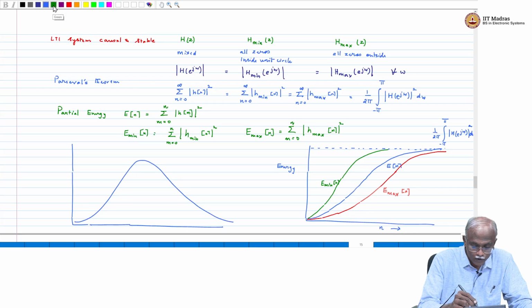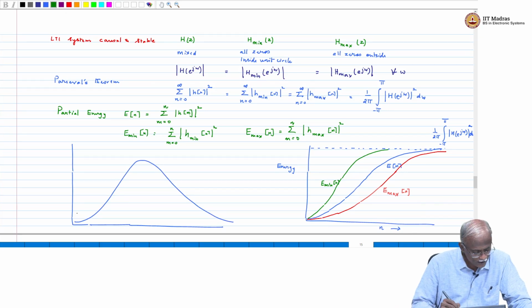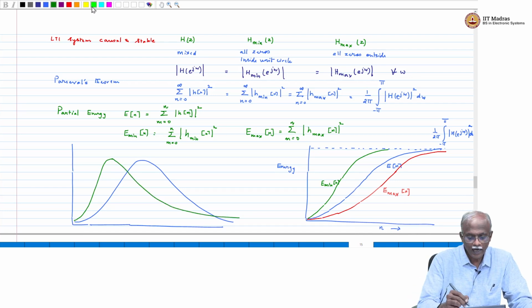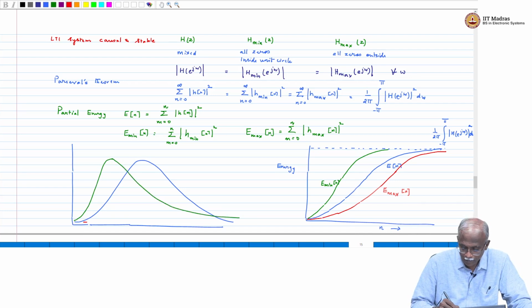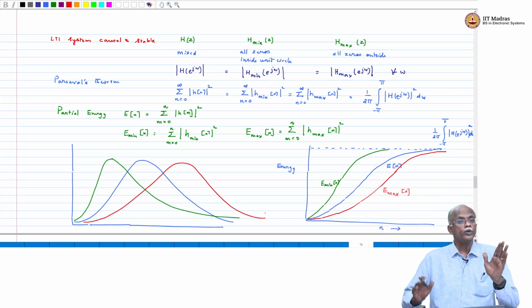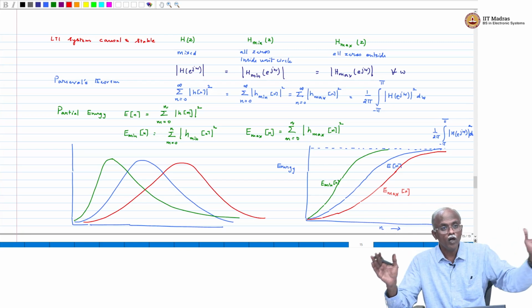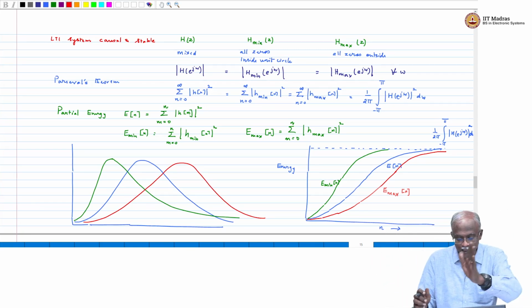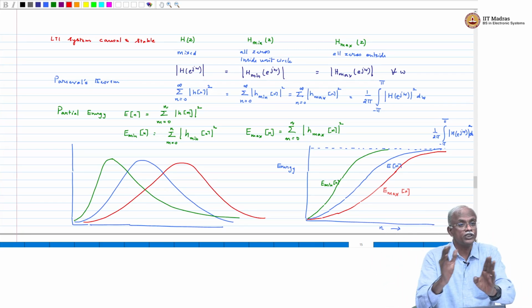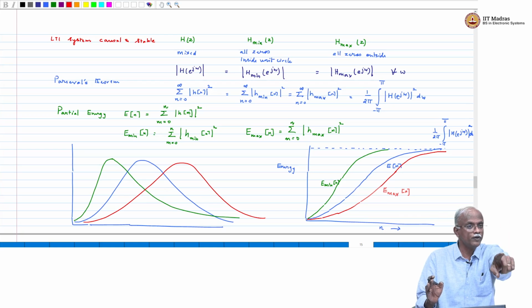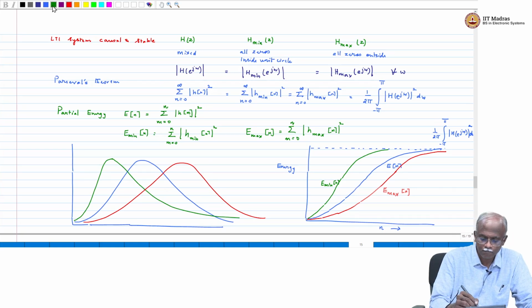The response of the minimum phase transfer function has the same total energy, but has the following characteristic: it rises faster and then dies down. And the maximum phase one is the opposite. Now you can see that when you convolve this impulse response with an input sequence, notice for the minimum phase term, this is h min of n.